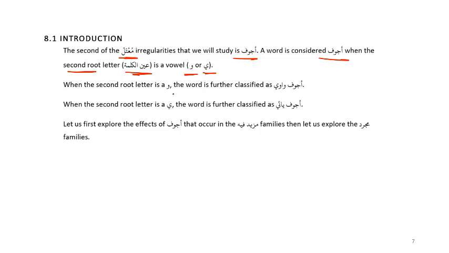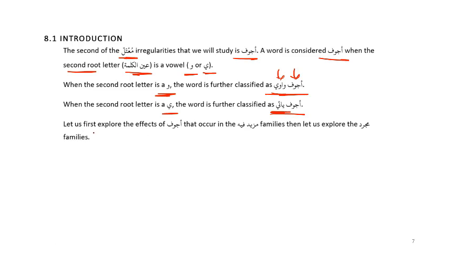When the second root letter is a waw, the word is further classified as ajwaf-e wawi. So ajwaf because it's in the middle, wawi because the middle letter is a waw. And when the second root letter is a ya, then the word is classified as ajwaf-e ya'i, ya'i for ya.